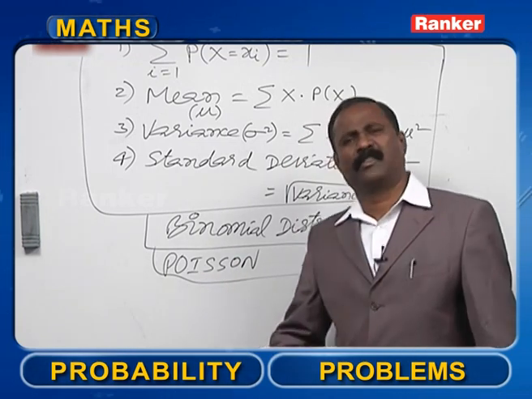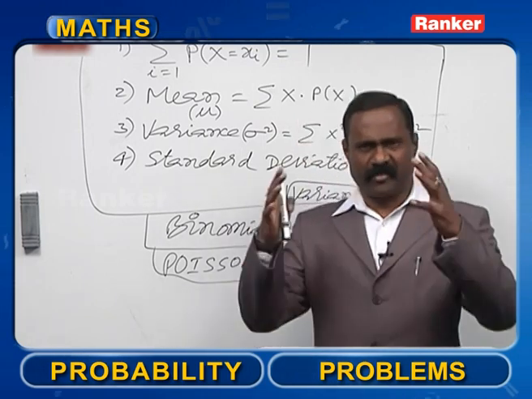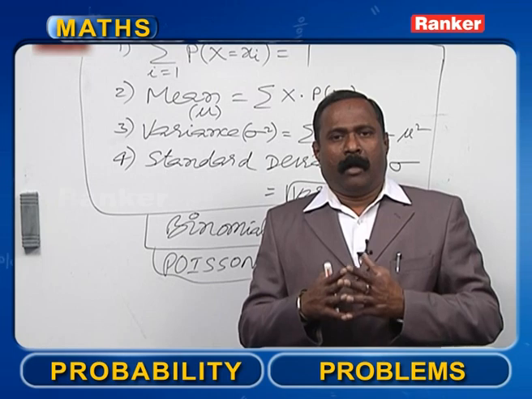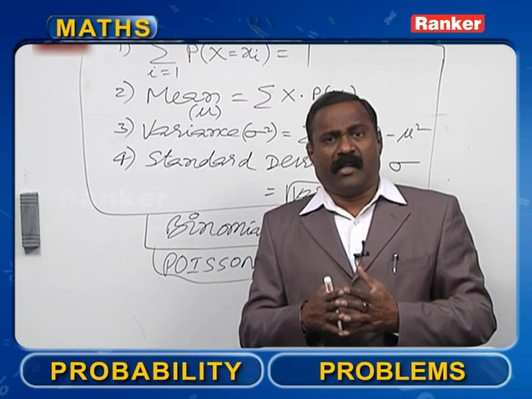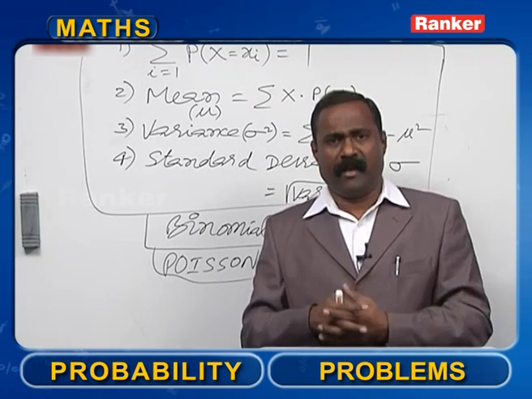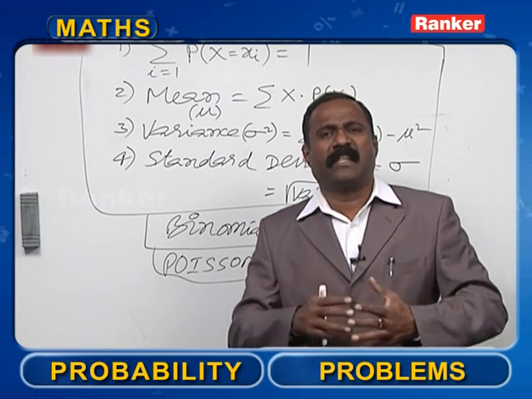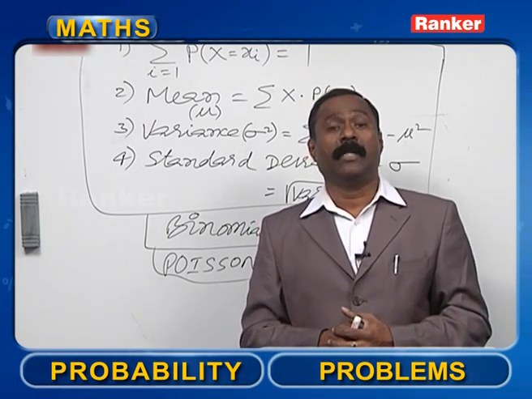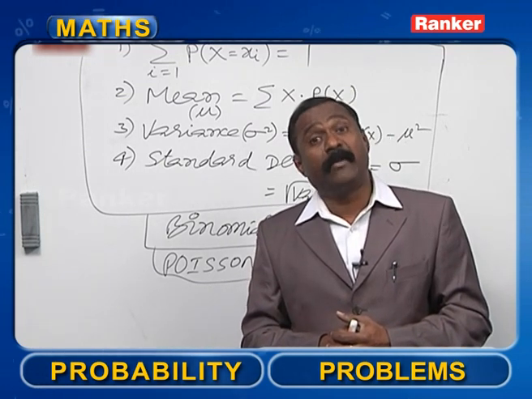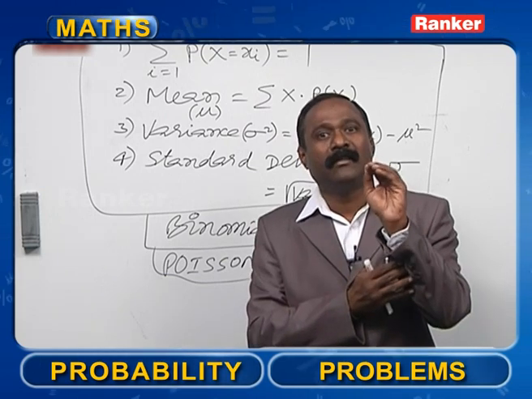So where to apply the Poisson distribution? It will be like this. Let us take Hyderabad, which consists of, let me say, 30 lakh people. Today, I want to know the number of deaths occurred, but specifically due to snake bite.